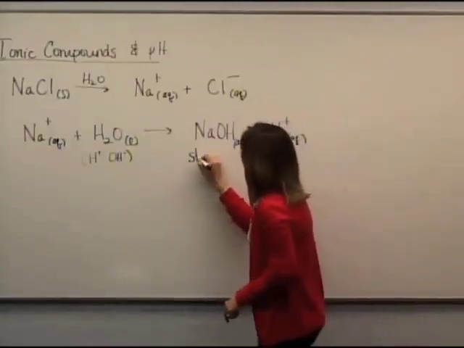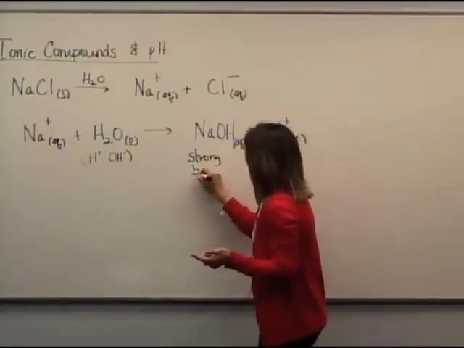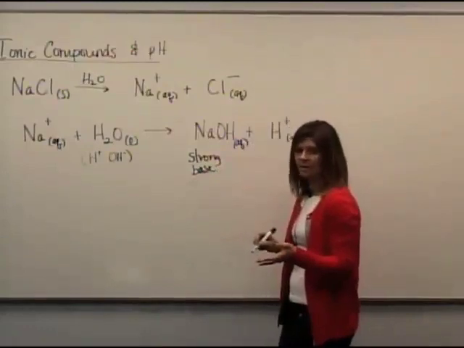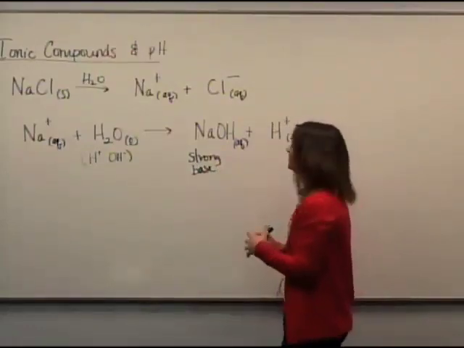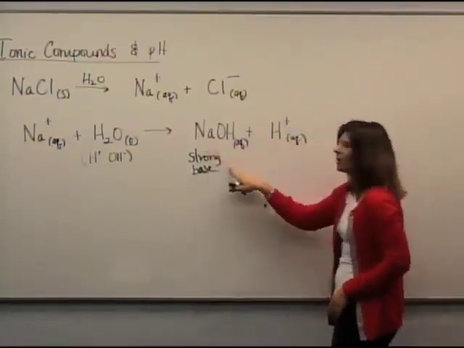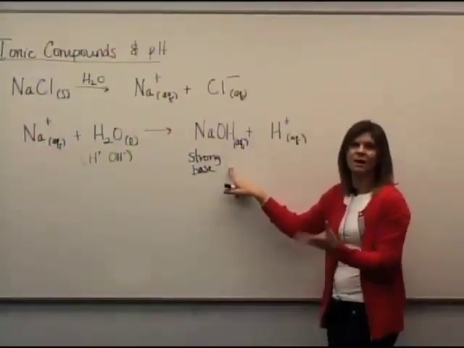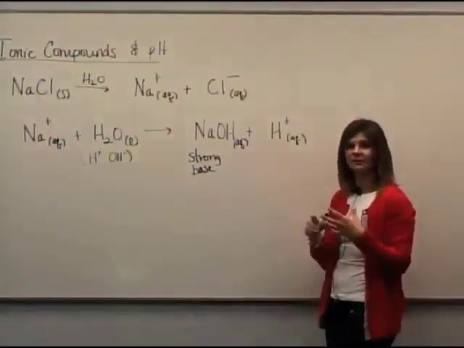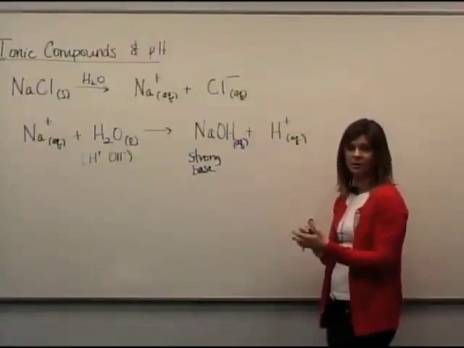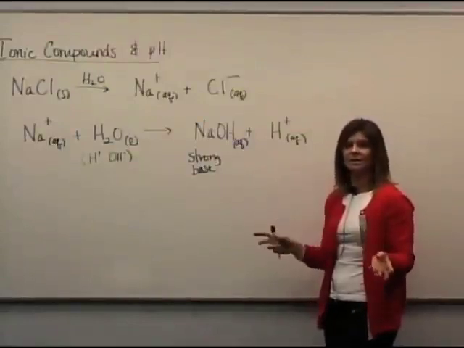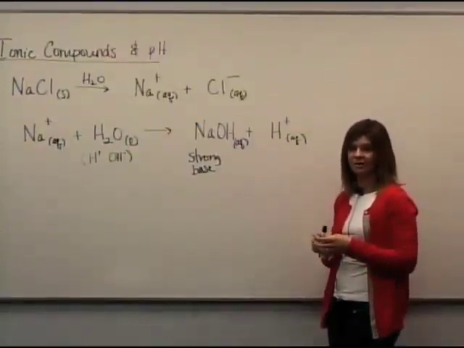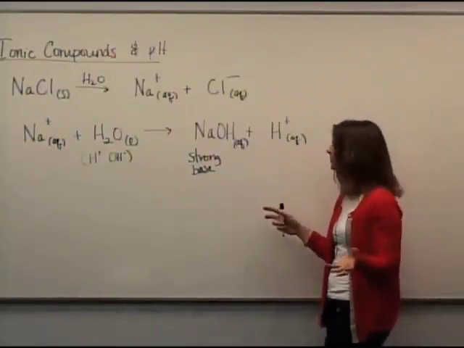Well, it's a strong base, and if you don't know that, make sure that you go back and review the list. There are only 6 strong bases you need to know, and this is one of the important reasons for knowing that. So if it's a strong base, what does it mean that it's a strong base? Why is something a strong base? That means that if something that we consider a strong base is in water, it exists as separate ions. Those ions aren't attracted to one another. They're actually floating around separate from one another.